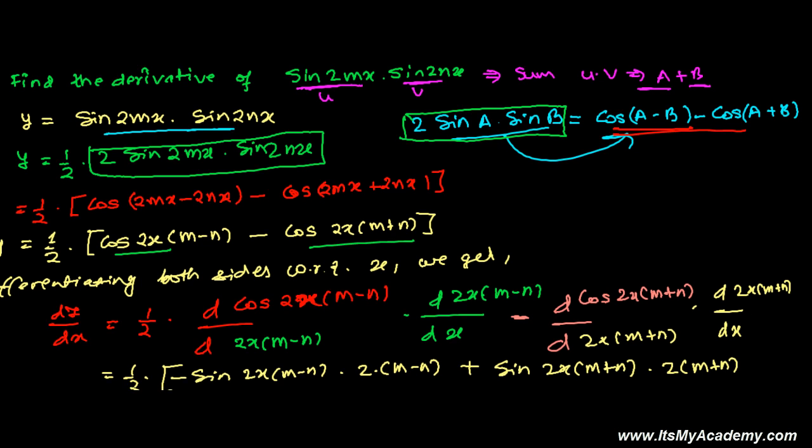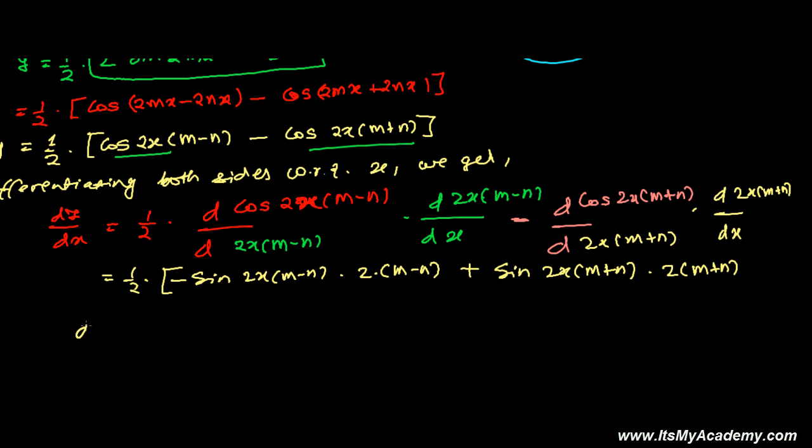Let's write this a little more properly. Our derivative dy over dx is, multiplying the 1 by 2 into everything, writing this quantity first, this 2 and this 2 cancel, so I get (m plus n) sine 2x(m plus n).